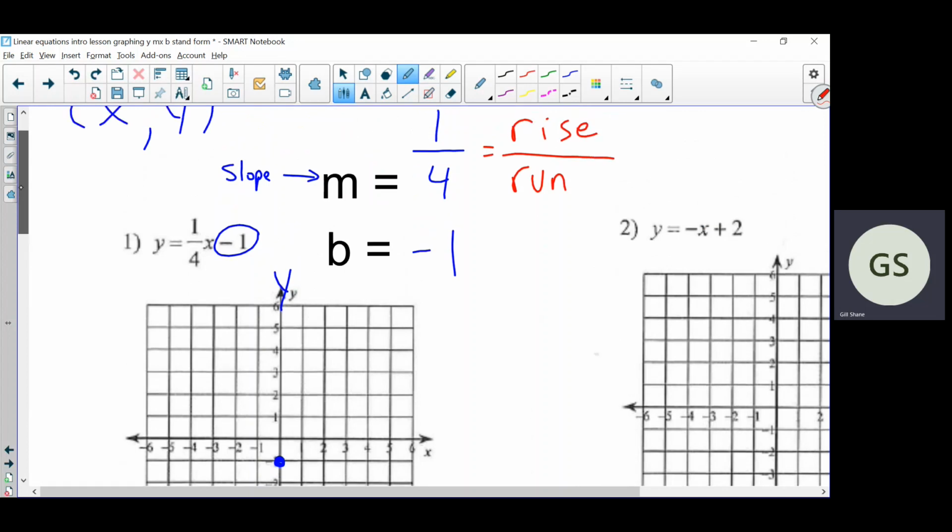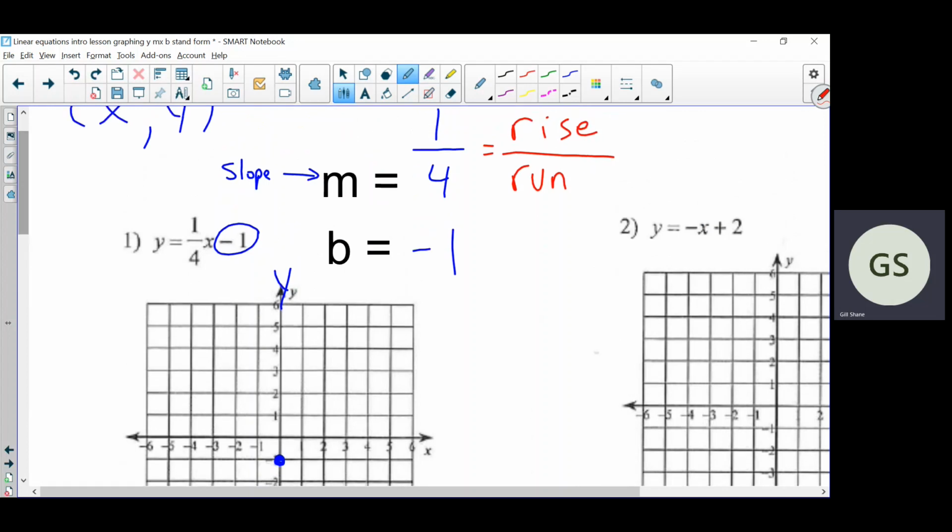So you kind of do step 4 and 5 together. I broke them out separately, but really you're going to do 4 and then immediately do 5. So it says in step 4, if the run number is positive, which it is in this problem, you go right. When I go right, I think about hopping to the next corner. 1, 2, 3, 4.